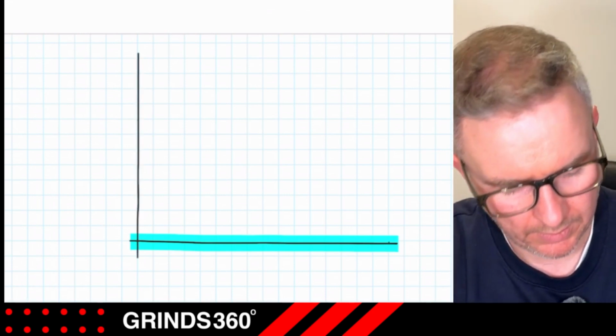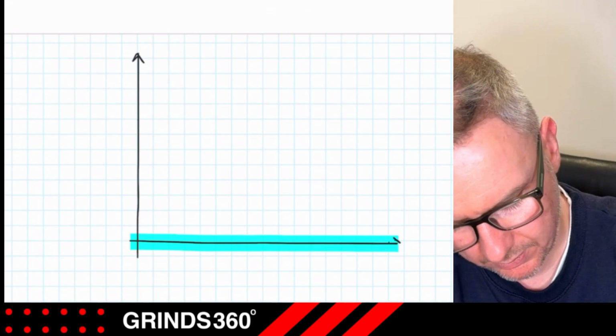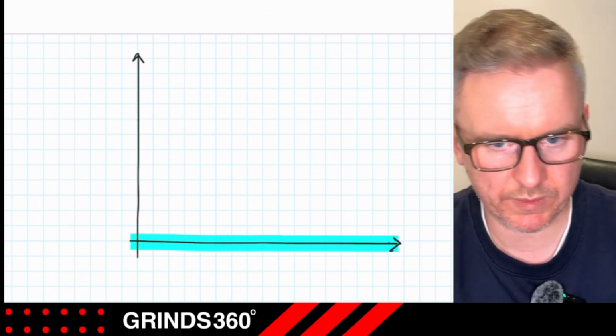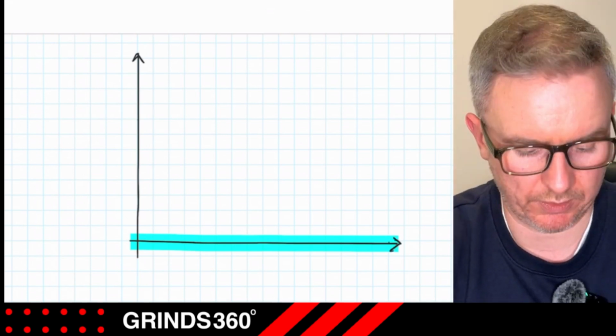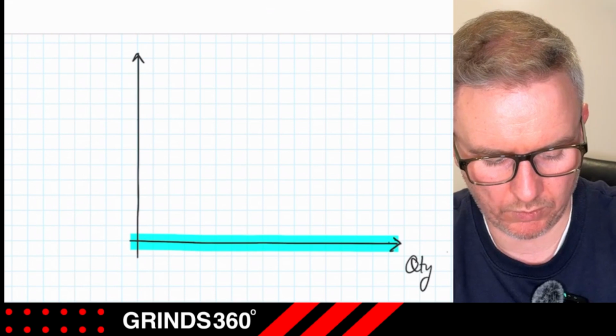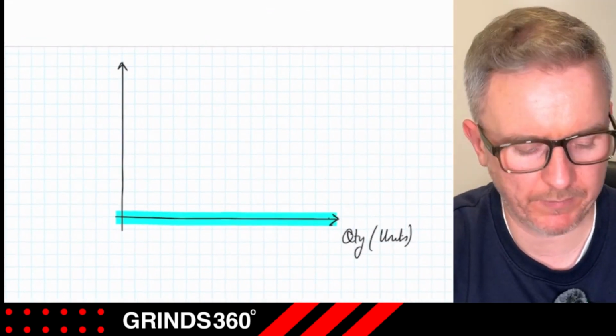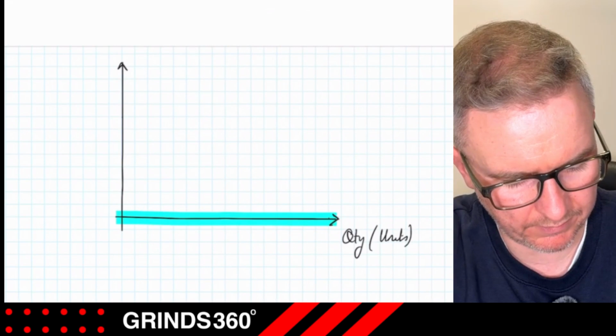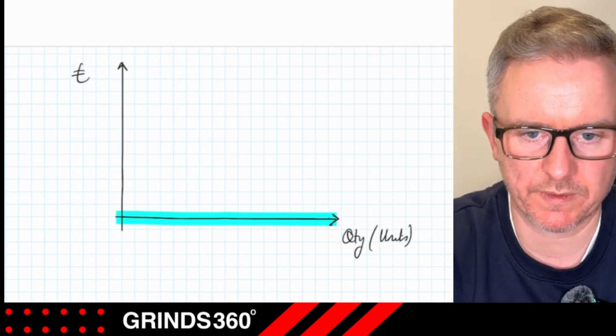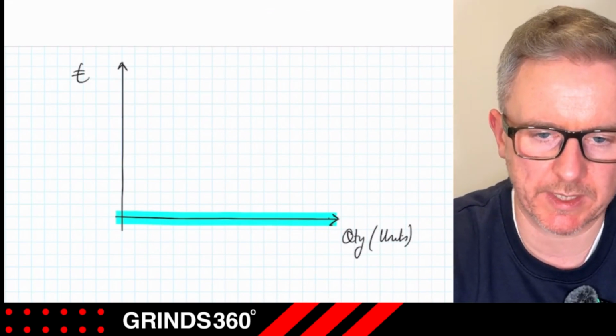On that x-axis, you are always going to have the quantity that you're producing, the units. And here you're going to have monetary amounts. That can be cost, it can be sales.